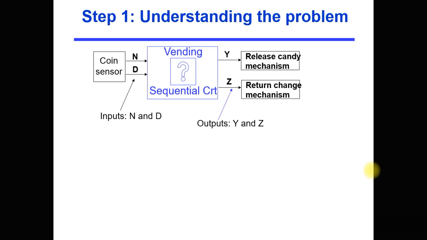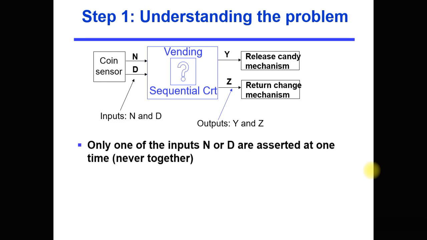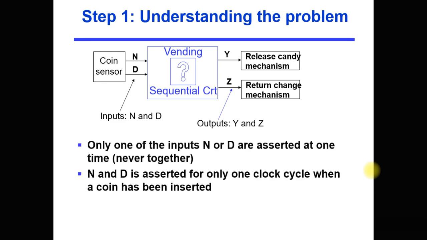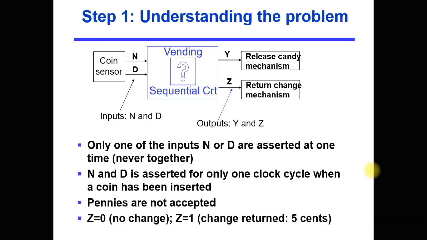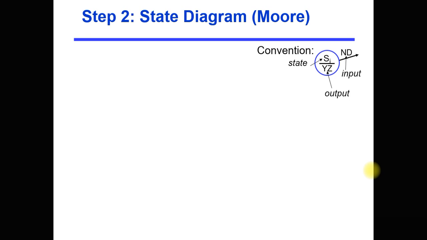As you can see, our vending machine has two inputs and two outputs, but it can take only one input at a time. It won't accept both coins, nickel and dime, at the same time. A coin is inserted for only one clock cycle. Pennies are not accepted. Okay.